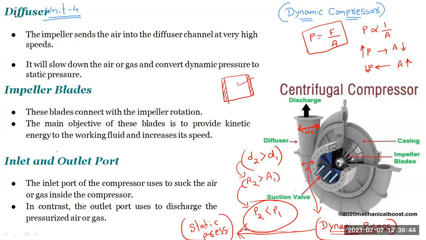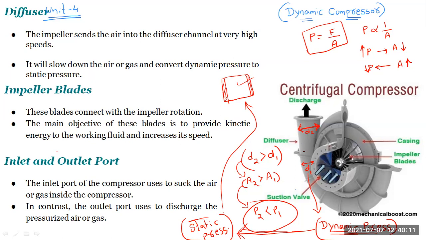Static pressure means the velocity of this pressurized air will be very less. So if we can convert dynamic pressurized air into static pressurized air, then easily in any container made of cast iron or steel, we can store the static pressurized air.